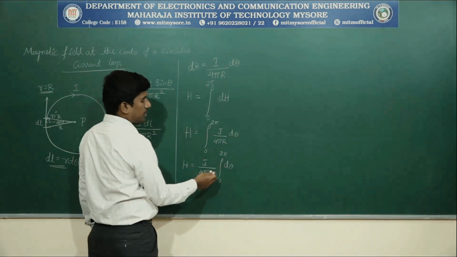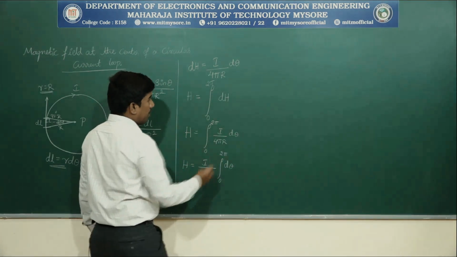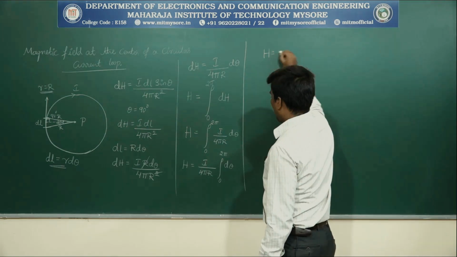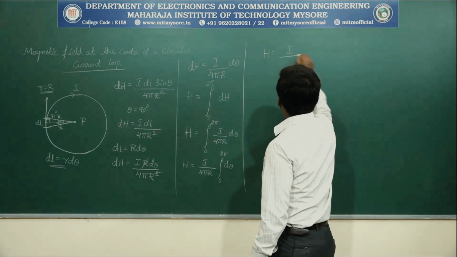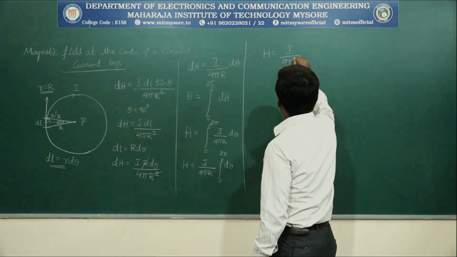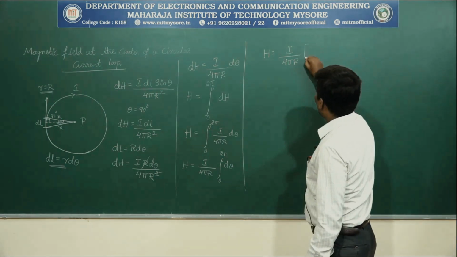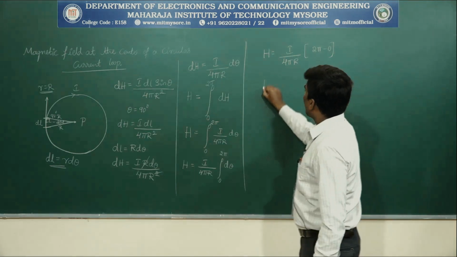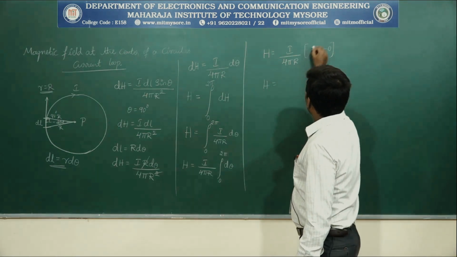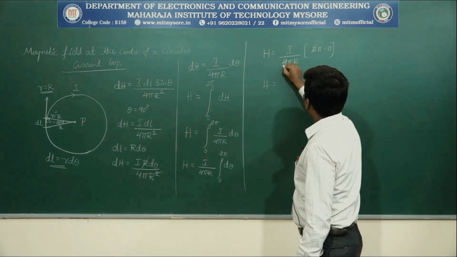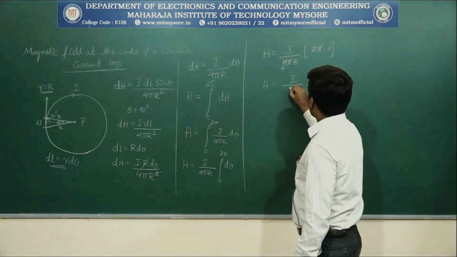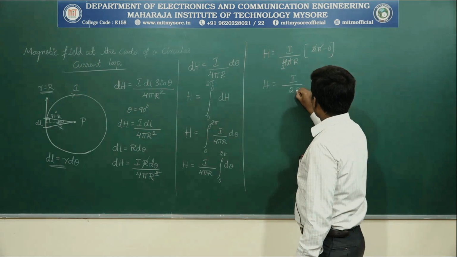What is the integration of d theta? Theta, apply limits. What are we going to get? H is equal to I divided by 4 pi r into 2 pi minus 0. Then H is equal to, this 2 and this 2, 4 gets cancelled, pi gets cancelled, then I divided by 2r.